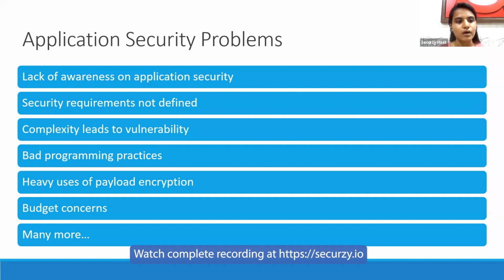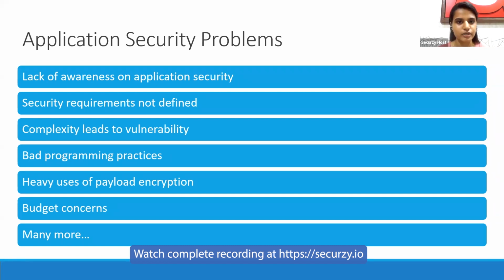Having a complex network architecture diagram could lead to a vulnerability. Bad programming practices, heavy use of payload encryption. We'll talk about payload encryption a little later in our upcoming slides. And there are some budget concerns when it comes to productivity.